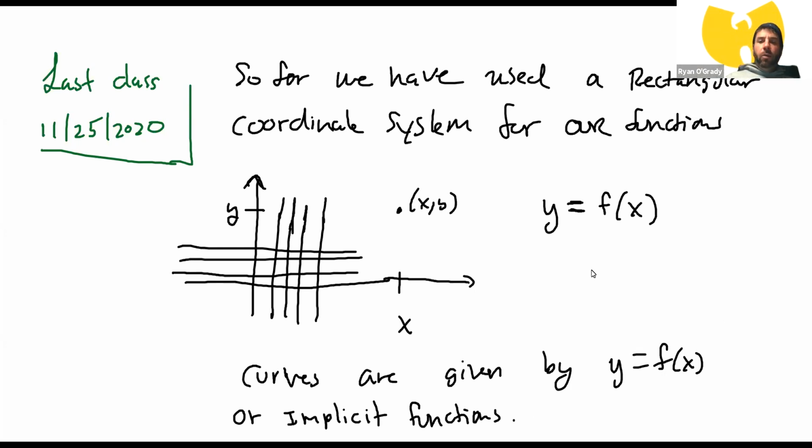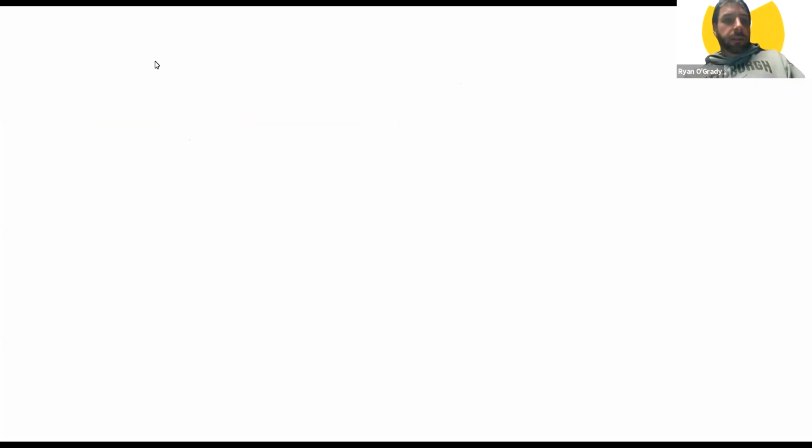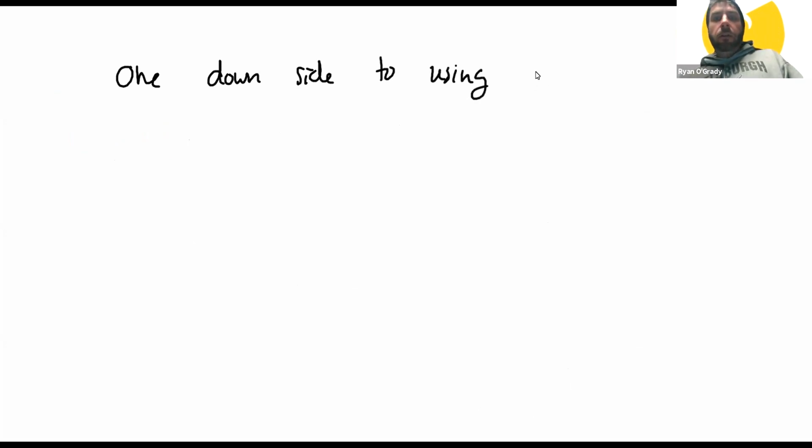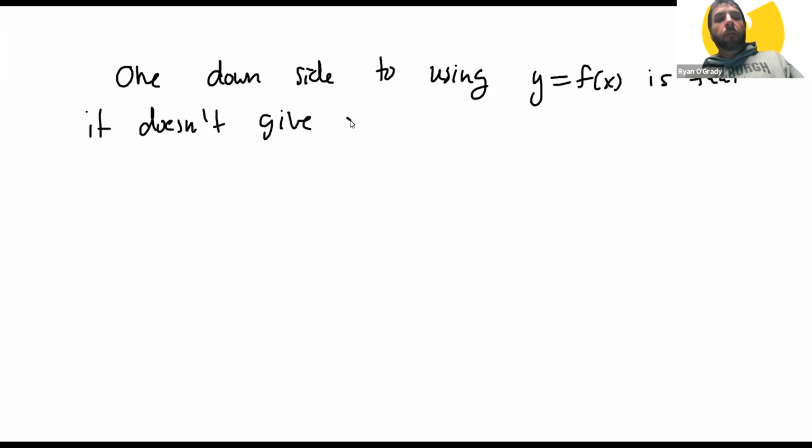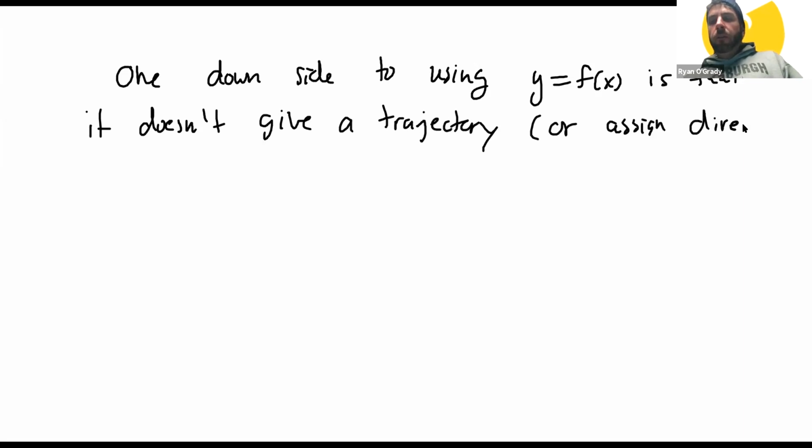One downside to using y equals f of x is that it doesn't give a trajectory. Or another way of thinking about that, it doesn't assign direction.